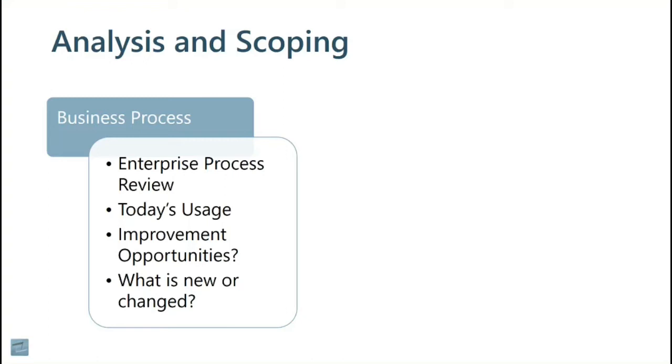The primary output of the Enterprise Process Review activity is effectively a list of your business processes with some narrative. We call it a process catalog or a process library. The intent of the process review, or just the analysis activity you may choose to perform, is to get a good handle on today's usage. What are the business processes in your business today that are being run through Dynamics AX?